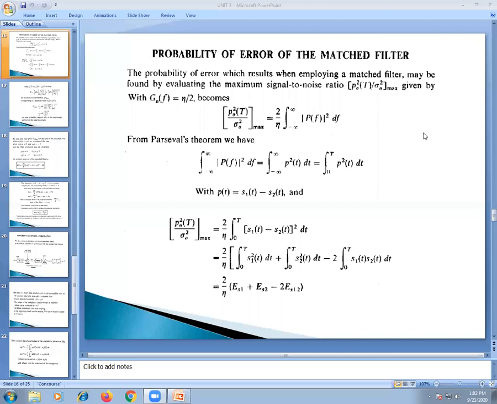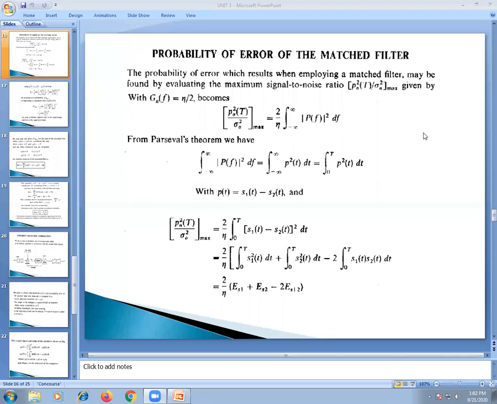Okay, in the previous class, we covered the probability of error of the matched filter. So what is the matched filter? The matched filter is the filter for which the ratio P naught of t whole square by sigma naught square is maximum. P naught of t is the signal difference, the difference of the signals given at the input side, that is, the signal power.